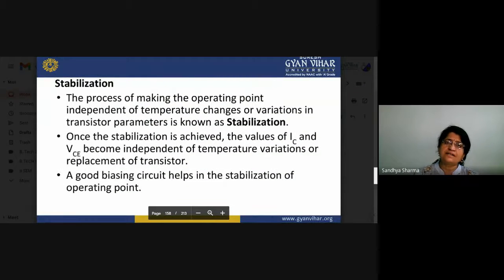Before starting that, we have to see the stabilization process. The process of making the operating point independent of temperature changes or variations in transistor parameters is known as stabilization.